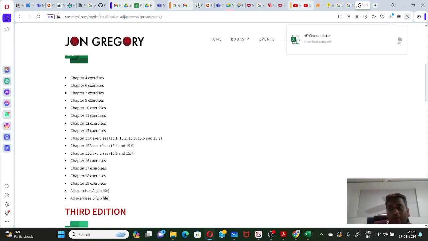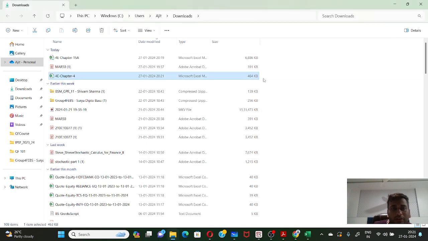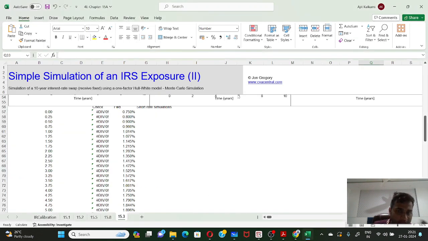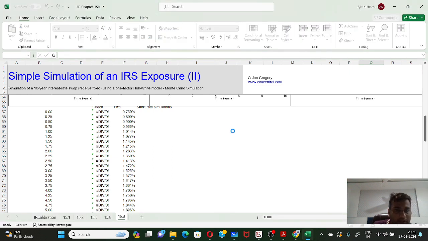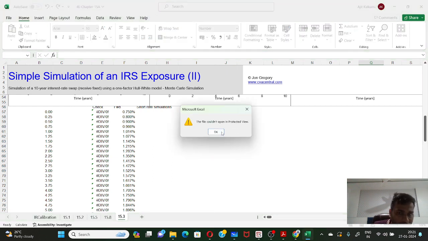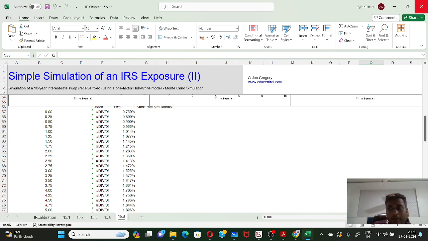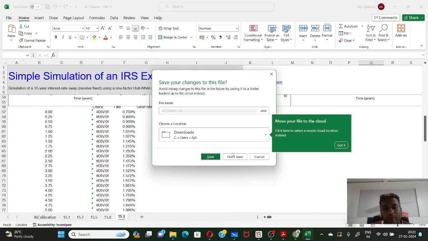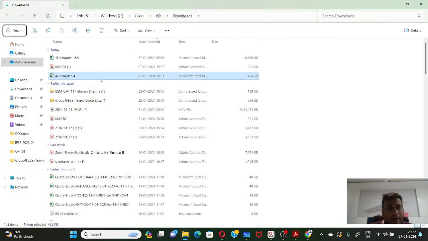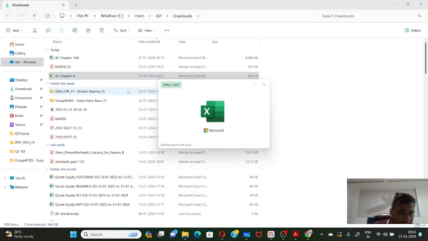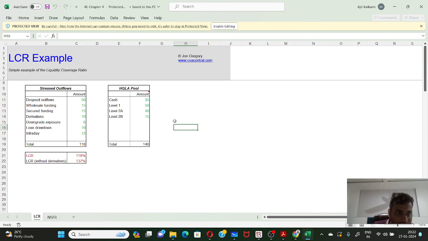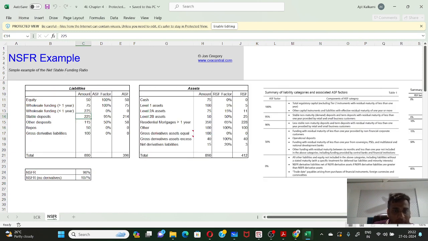But if you get hold of the book, you will understand the theory behind it, and the Excel has the implementation as to how to solve it and how to do it. That is the most comprehensive you could get. If you understand this plus that simultaneously, that is the best you could get out of it.